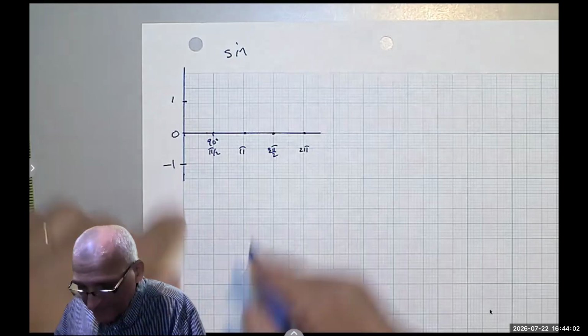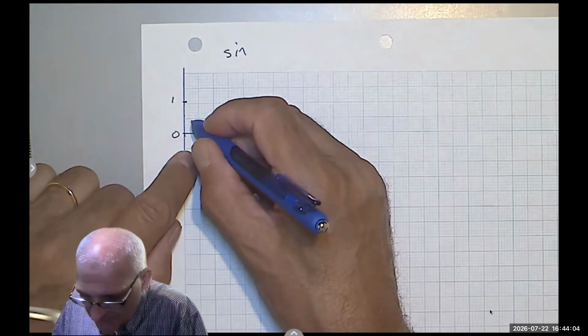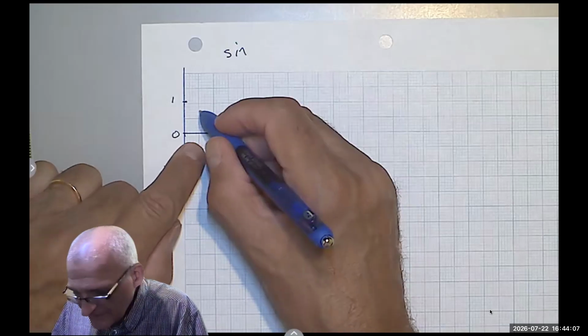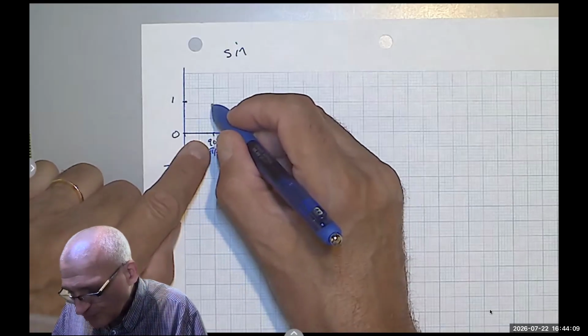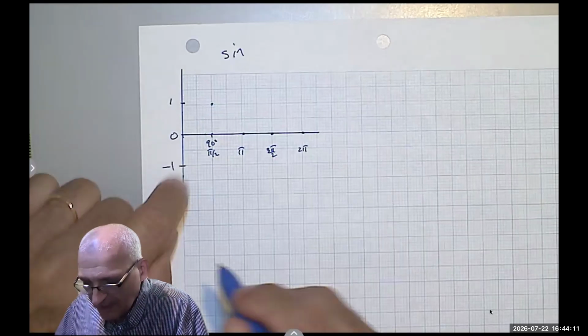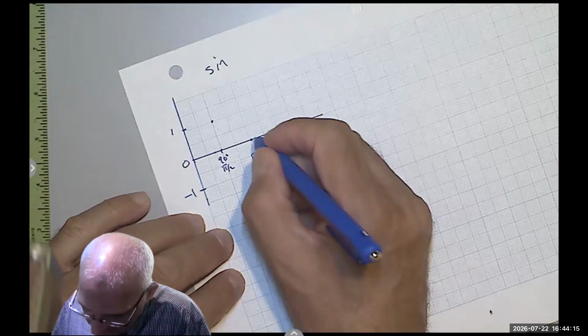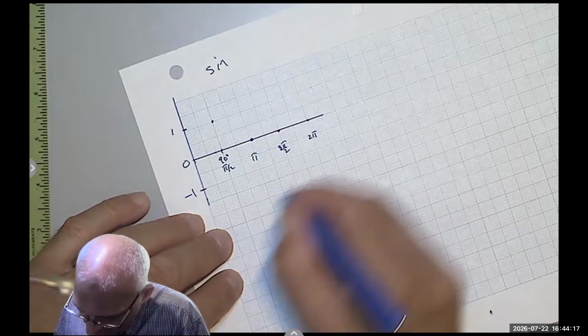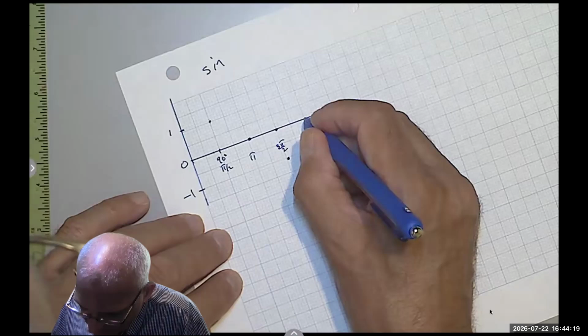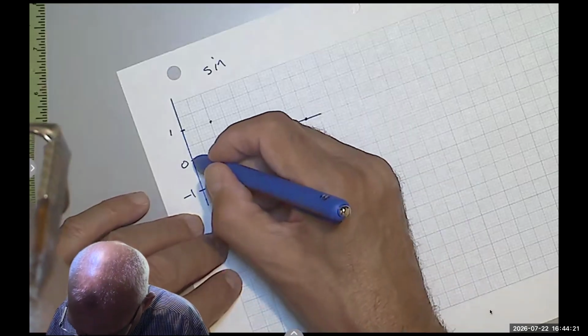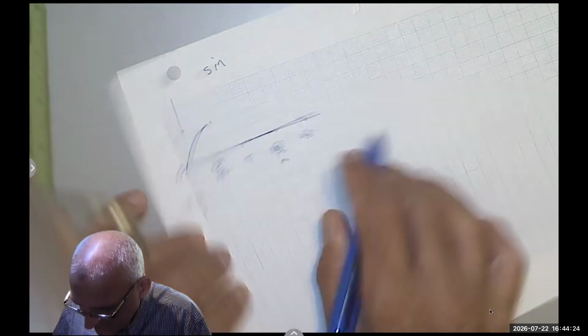When you do the math, you will see that at 30 degrees it is 1/2, and then 0.77, and then root 3 over 2, 0.866, and then it reaches 1 here, but in a curved manner. It's not linear. And then it goes back to 0, and then down to -1, and then back to 0. So the graph looks something like that.